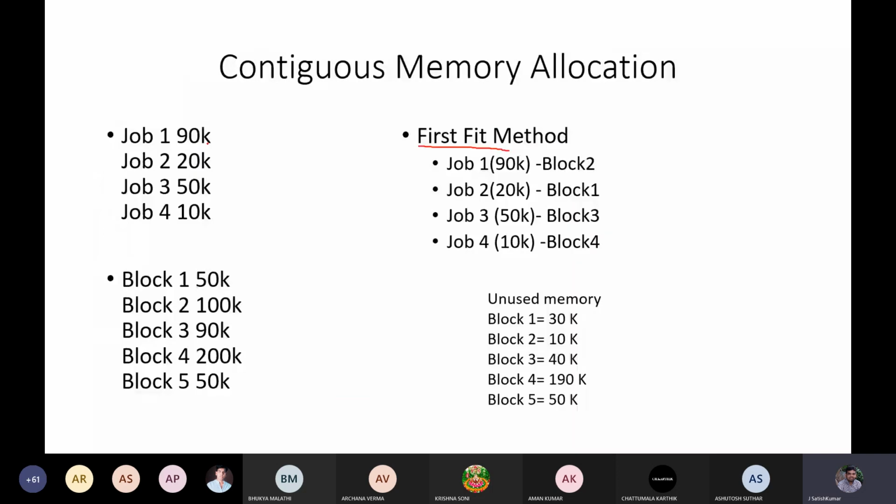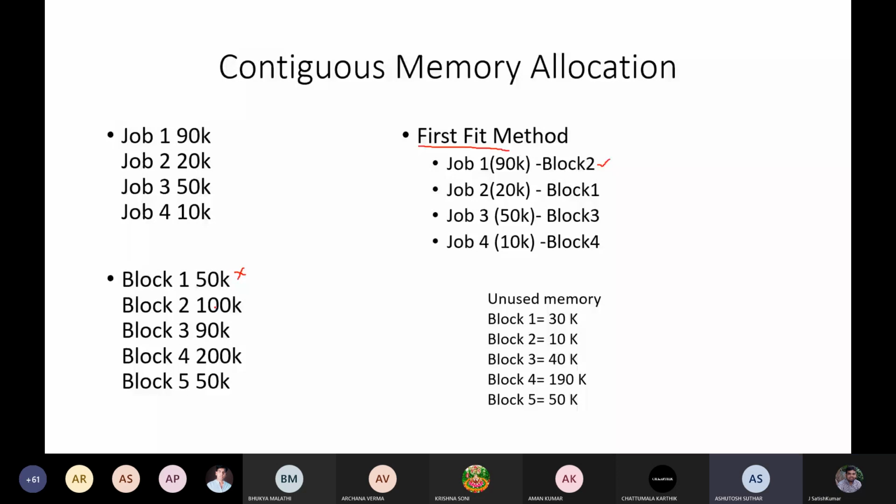So 90K will search block 1, this is not sufficient, so it will not allocate. 90K will search block 2, this is sufficient, it is matching. So block 2 is allocated for job 1. Job 1 takes block 2, the unused space is 10K, correct?